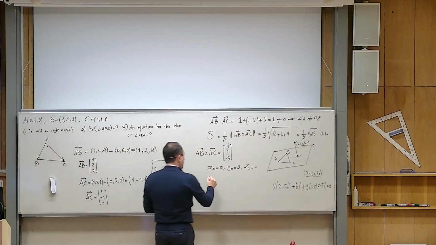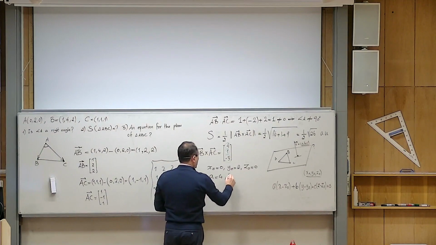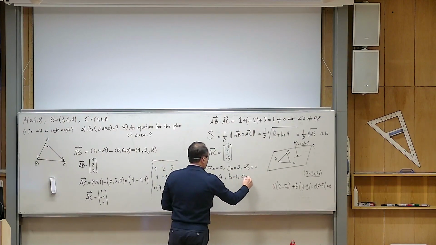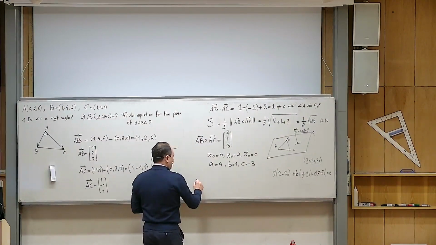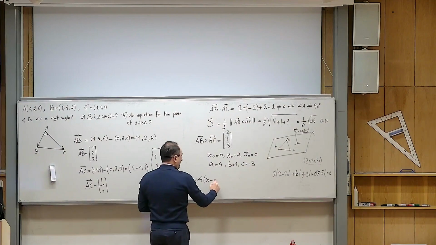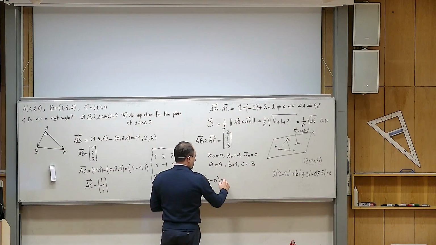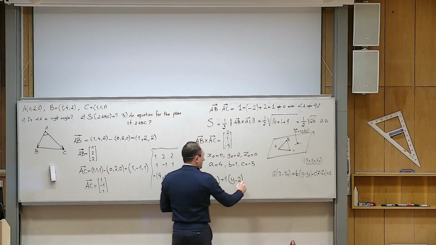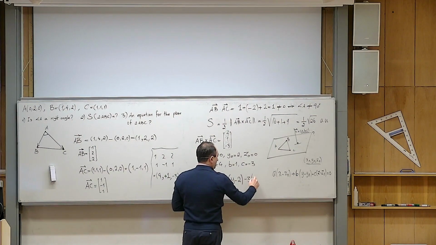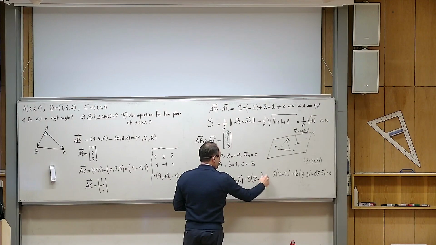So I would say that A in this problem is 4, B is 1, C is -3. And then I put them in that formula. What I get is 4 times (x minus 0), plus 1 times (y minus 2), plus -3 times (z minus 0), is equal to 0.